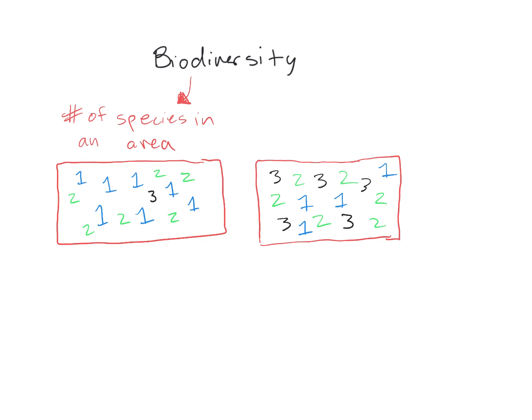All right, so a simple measure is just the number of species in the area, and we would call this richness. But another way to calculate biodiversity is called evenness. For that, I'd be able to calculate the species number and their relative abundance compared to other species in the area.